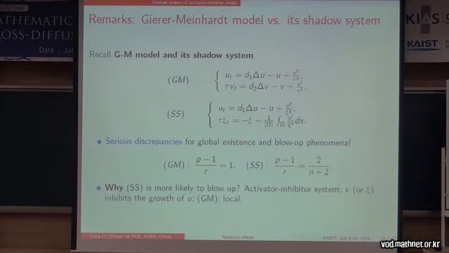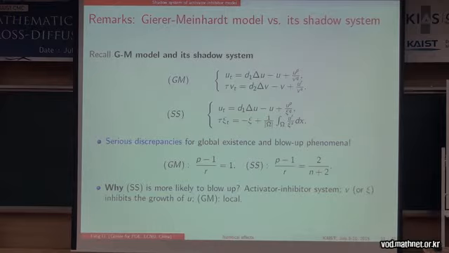Some intuition about the results: if you take a look at these two models, local and non-local, as I mentioned before, U is the activator and V is the inhibitor. In the local case, they interact with each other locally. So the inhibitor can inhibit the growth of U efficiently.